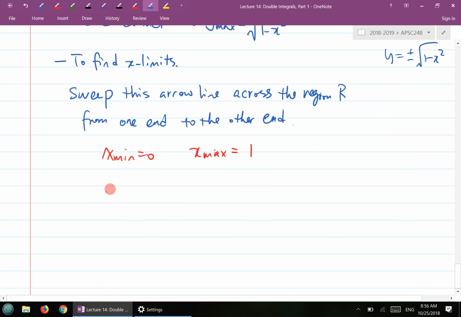All you need to do is put all the information into the missing puzzles here: 0 to 1 for the x limits, and 1 minus x to square root of 1 minus x squared for the internal y limit.